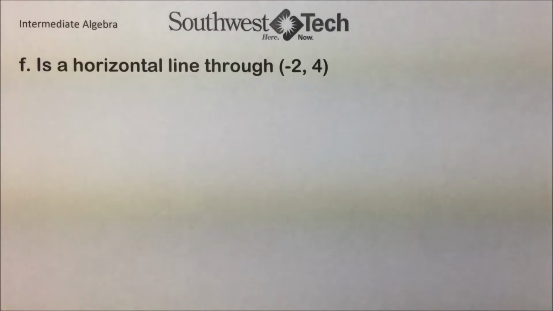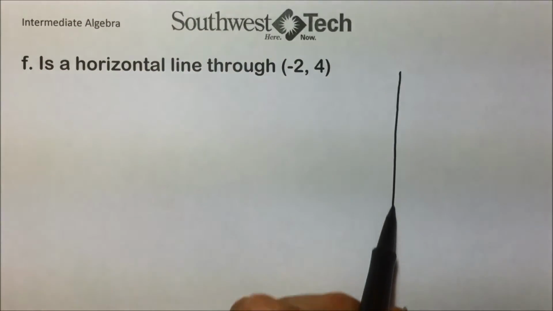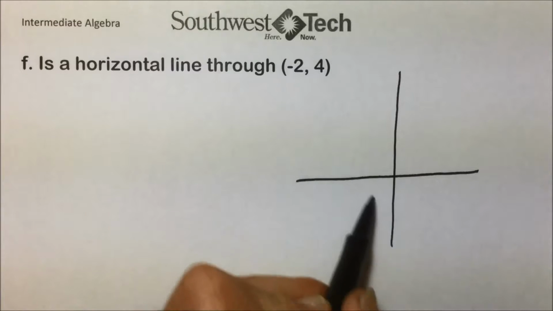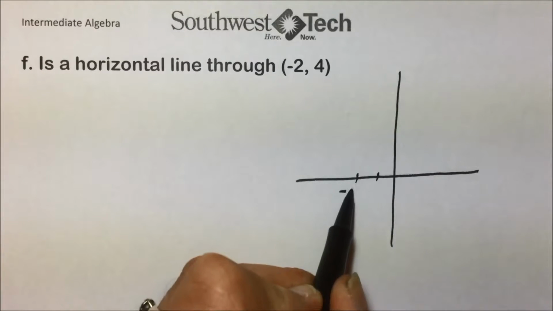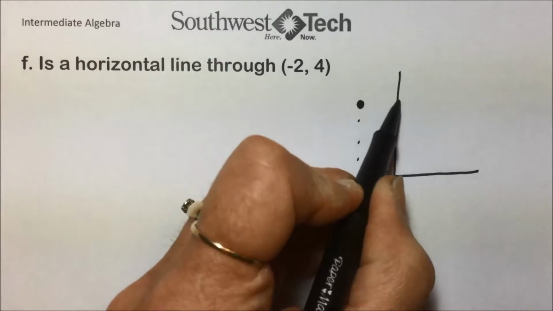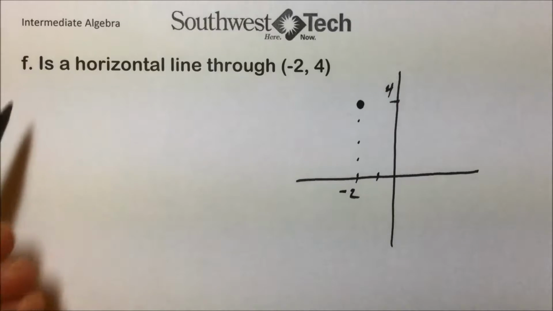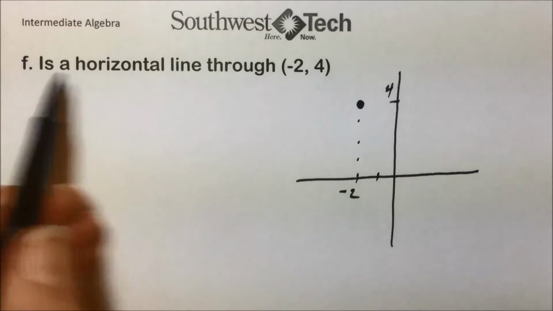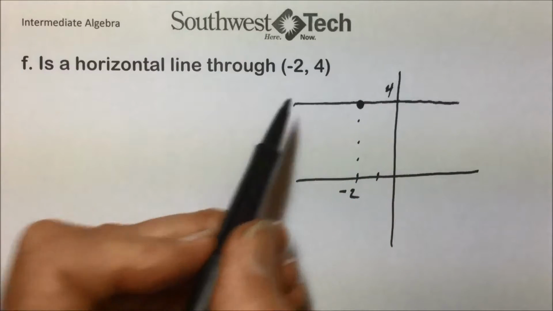So let's plot this point so we have a sense of what we're dealing with. It's roughly drawn here at -2, 1, 2, 3, 4. So here we have the point -2, 4, and it tells us that we have a horizontal line passing through this point.